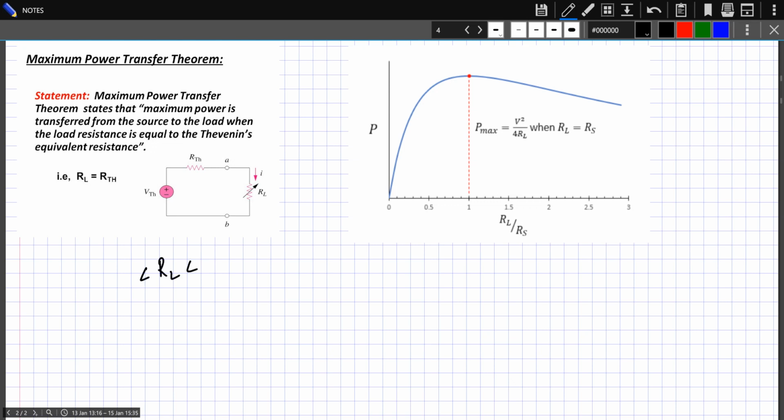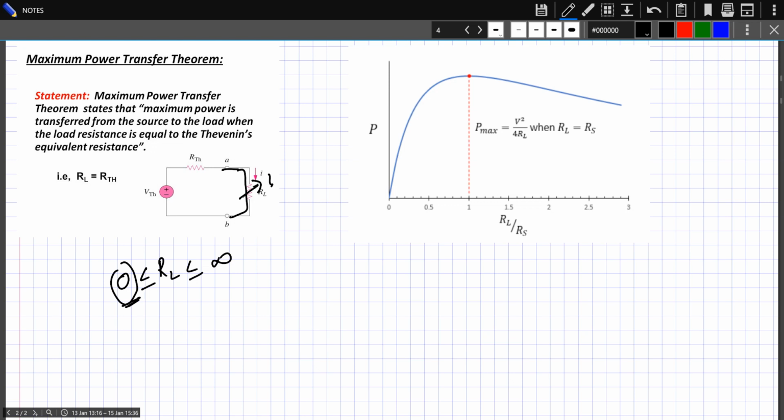By changing the load resistance from a very small value to a very large value, what do we get? First, keeping the load resistance at a very small value, that is essentially short circuiting it, we have the least amount of resistance present. Any extra load resistance will decrease the current flowing through the circuit, so when the load resistance is 0, the maximum amount of current will flow.